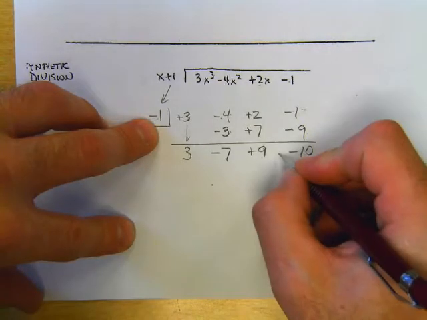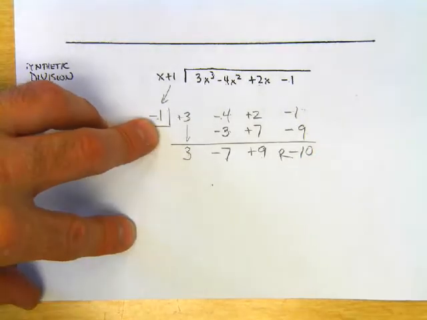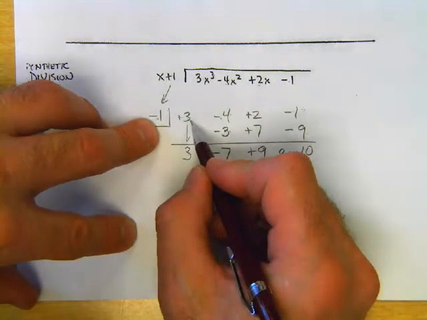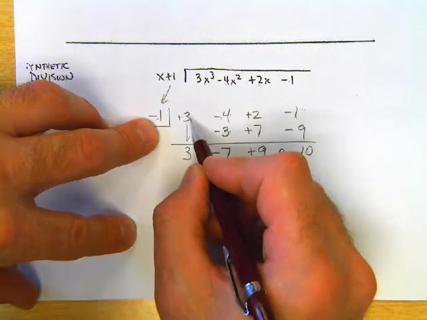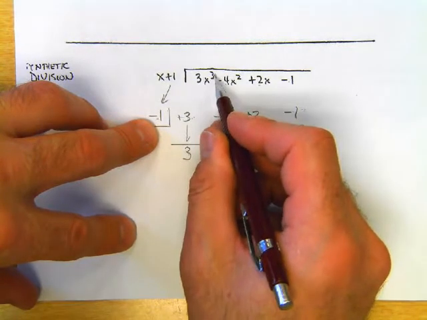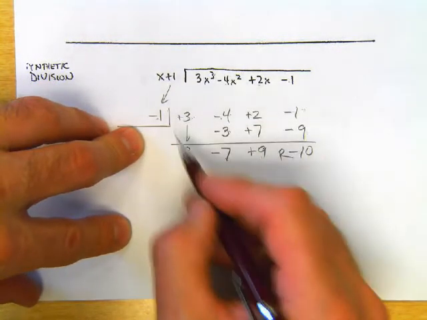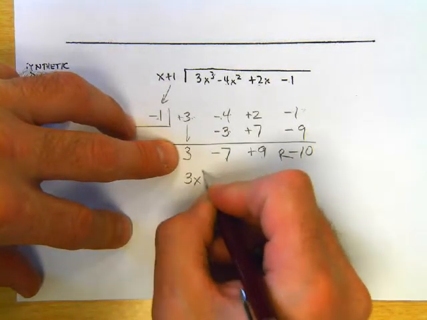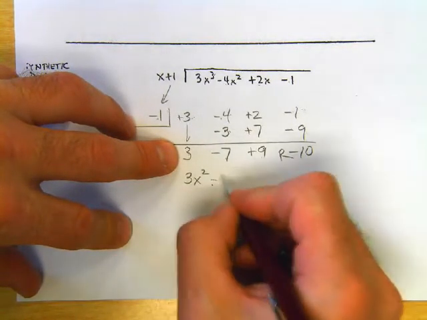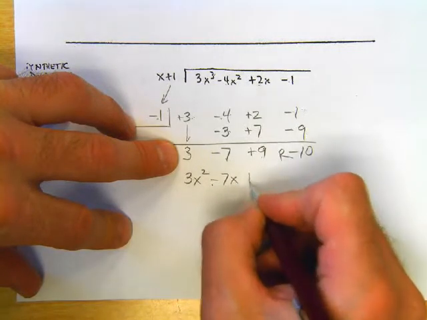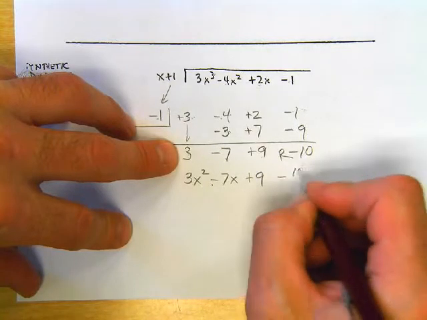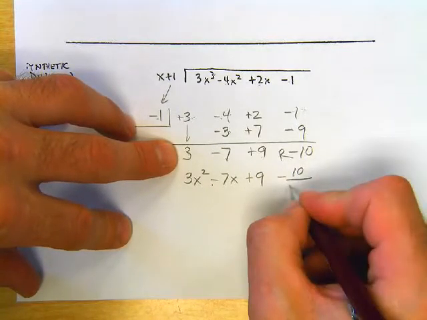This last number is always the remainder. Remember, in this problem, this 3 represented 3x cubed. We're dividing by x, so this 3 represents 3x squared, and then minus 7x plus 9, and then we have the remainder, minus 10 over x plus 1.